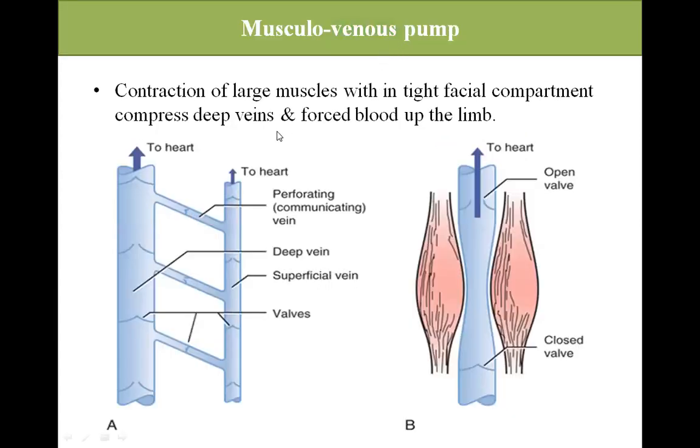Musculovenous pump. Contraction of the large muscles within the tight fascial compartment compresses the deep veins and forces the blood up in the limb. So here are the muscles which are present in the tight fascial compartment, and when they contract, they will force the blood towards the heart.